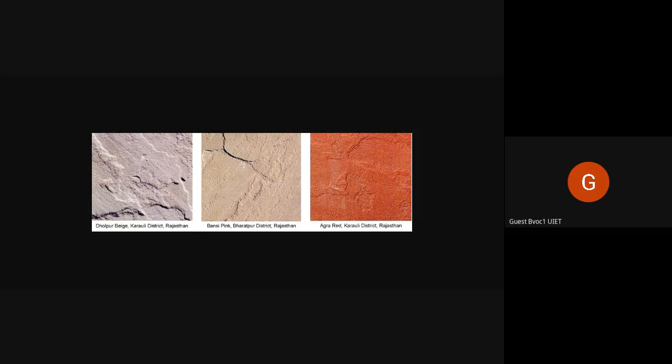First, we'll go for gneiss. It is pronounced as nice. Write this down: GNEISS, and it is pronounced as nice. G is silent.